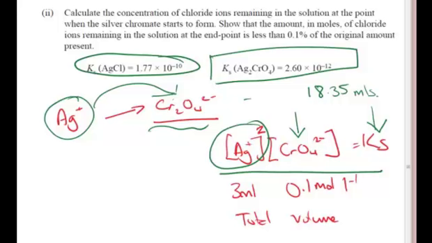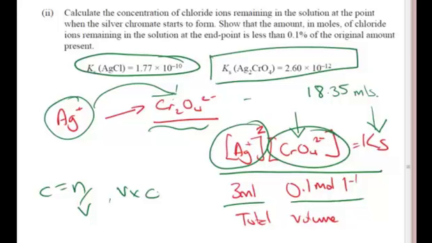So we'll write that out as I have, and we need to work out the concentration of the chromate ions. Now we're told there's 3 mL, there's this concentration, and so therefore we can work out the number of moles. And obviously if concentration equals moles divided by volume, then volume times concentration equals moles. So we just need to make sure we convert the mL into litres and do that calculation.